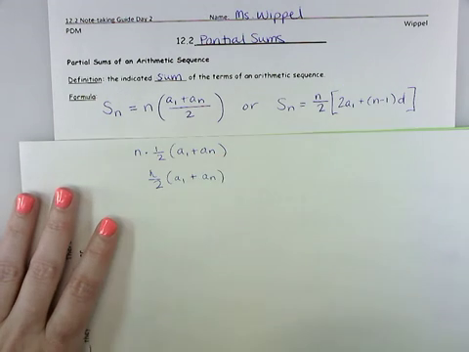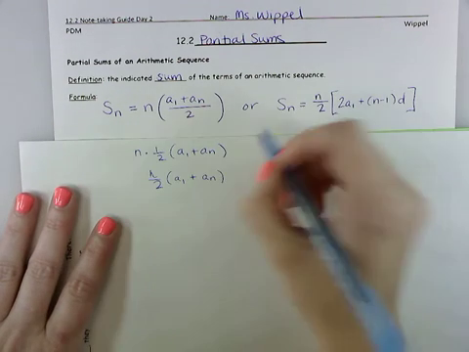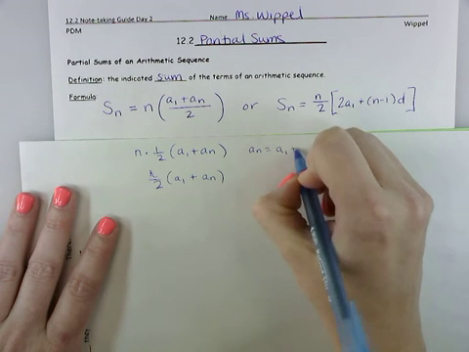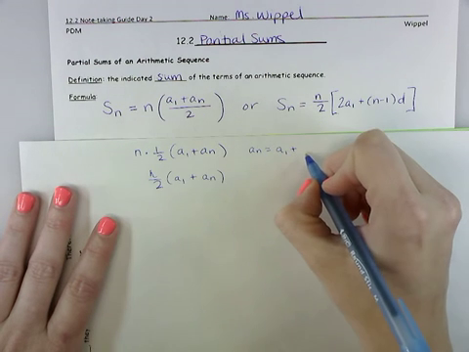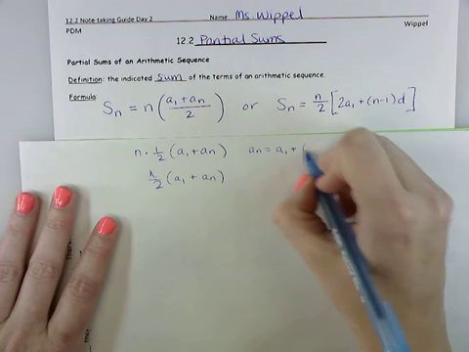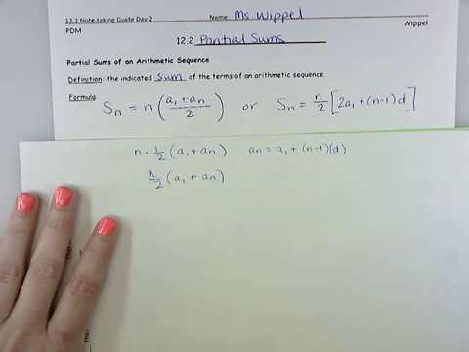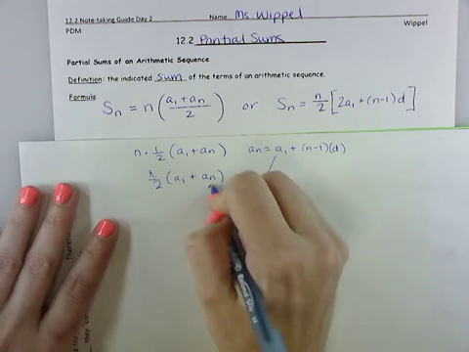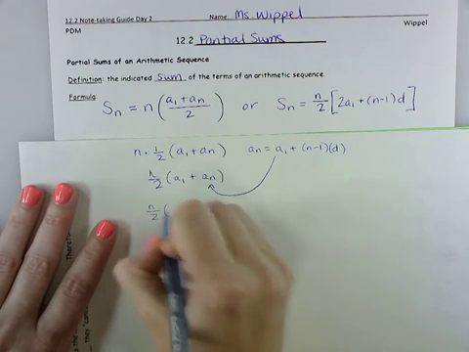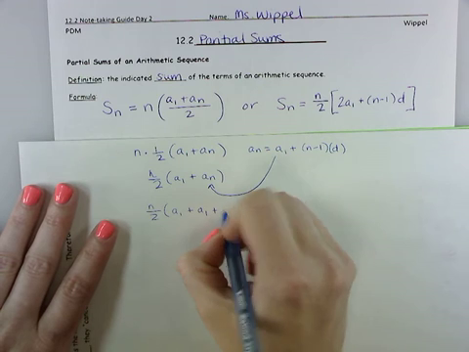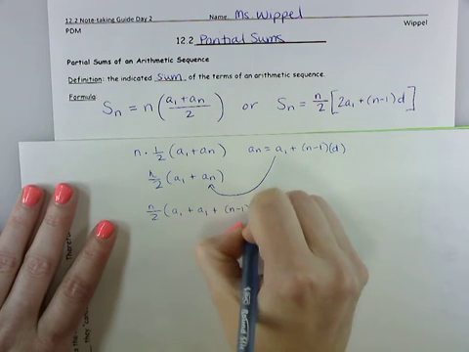What does a sub n equal in an arithmetic sequence? A sub 1 plus, this is our equation from yesterday, n minus 1 times d. So if I substitute that into this equation, let's look and see what happens. I have a sub 1 plus a sub 1 plus n minus 1 times d.